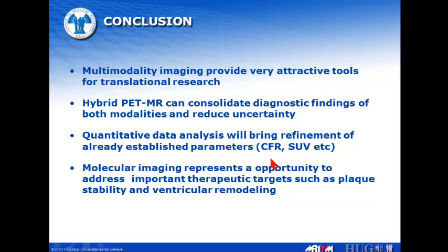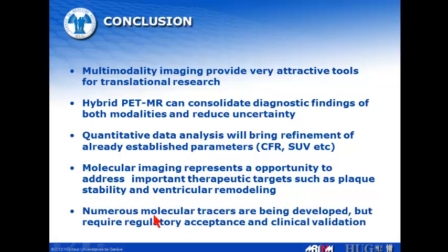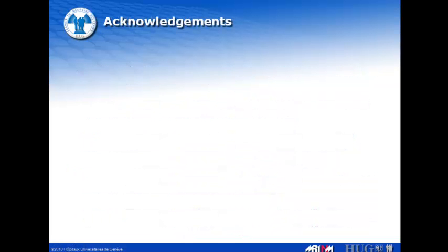Molecular imaging represents a great opportunity to address important therapeutic targets such as plaque stability and ventricular remodeling, which has important prognostic impact. Numerous molecular tracers are just now being developed, but they still require regulatory acceptance and clinical validation, and we are just at the beginning.